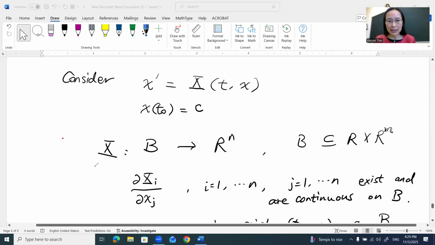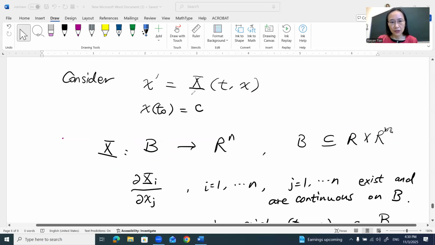We assume this vector field is defined on this set, which is a subset of T cross Rn, a subset of R, the real number set, cross Rn, because this is the time variable, a real number, and the x variable is in Rn. Therefore the domain of the vector field is a subset of R cross Rn.